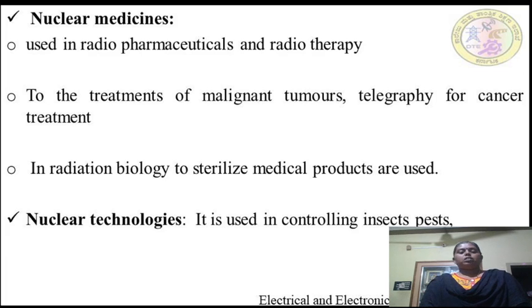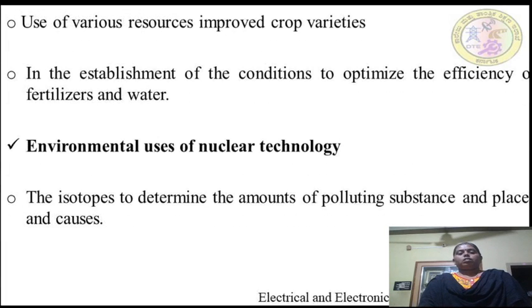The next application is in agriculture. The nuclear technologies are used in controlling insects and pests, and also in the use of various resources, improved crop varieties, and also in establishing the conditions to optimize the efficiency of fertilizers and water.